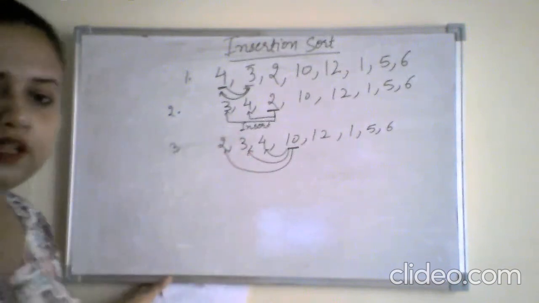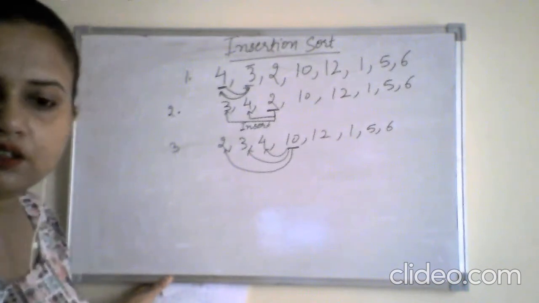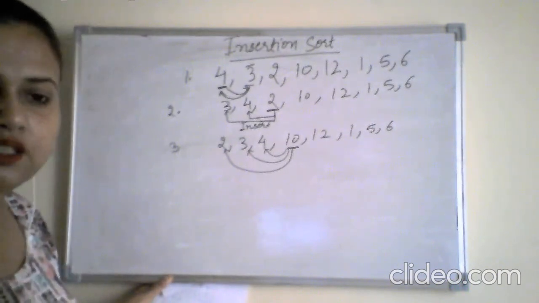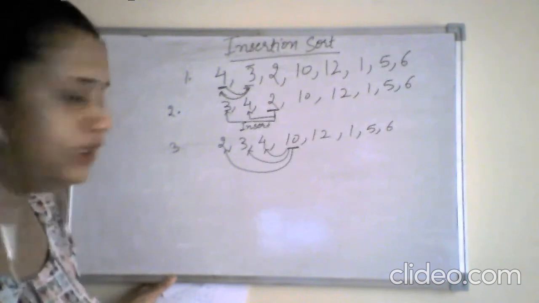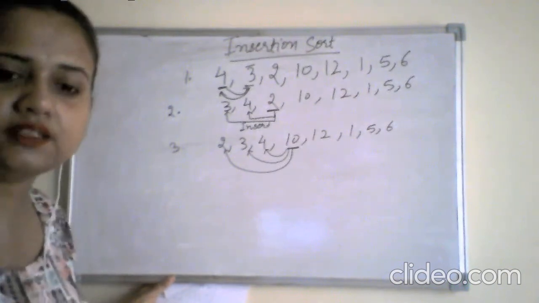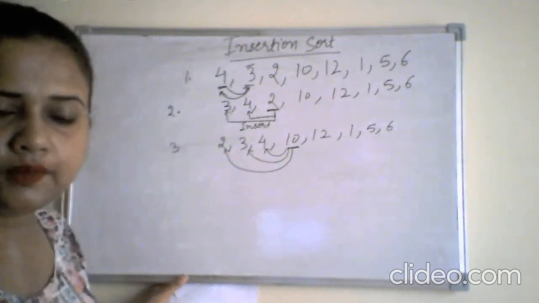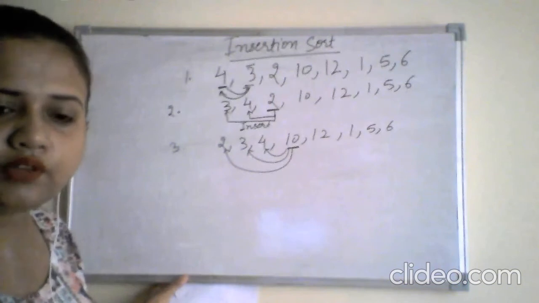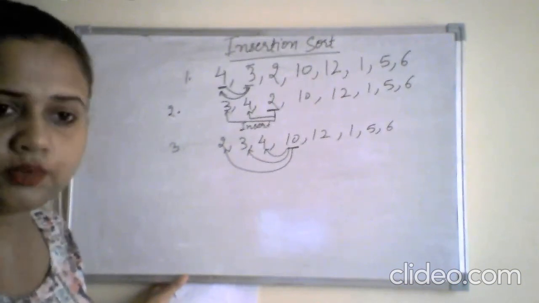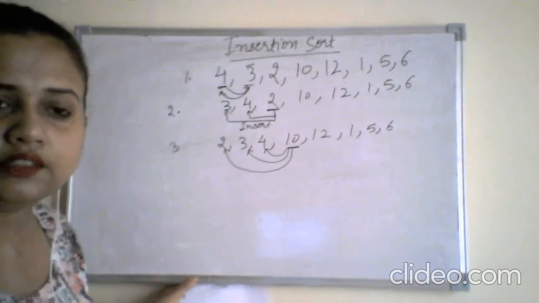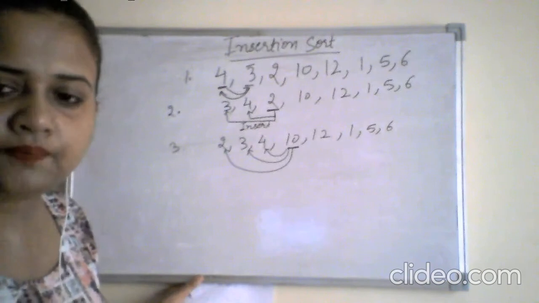When I am done comparing this data element 10 with all the other elements present in the sublist, I get to know that 10 is at its right place. Why is it at the right place? Because it is the biggest of all the other elements present to the left of your data. So every time you come across some data which is greater than the other element with which you are comparing it, you will do nothing in that case.